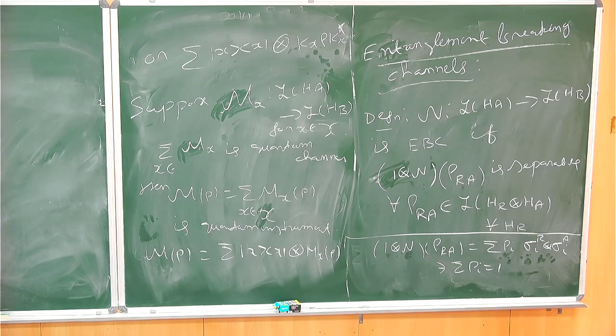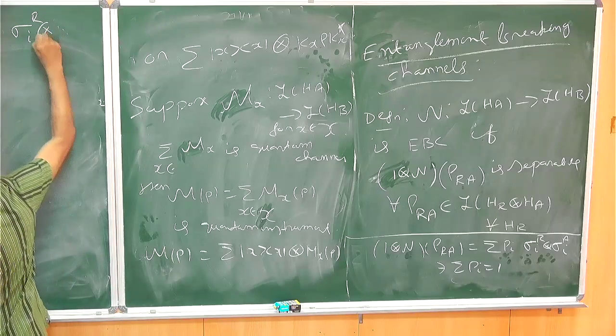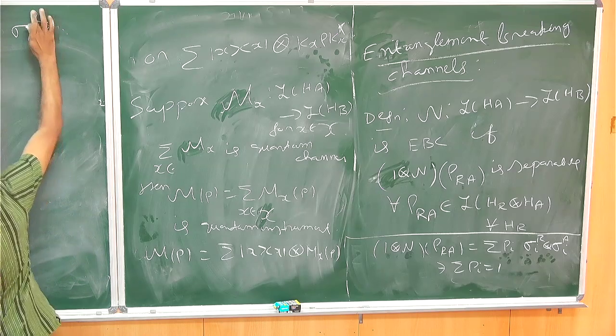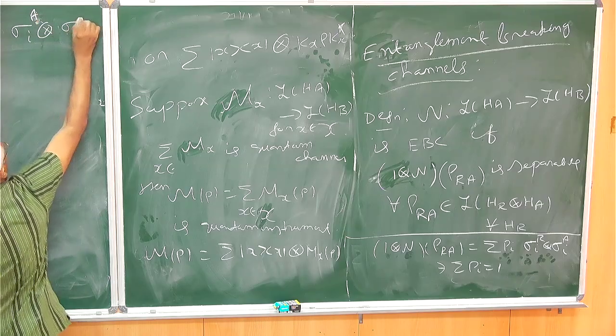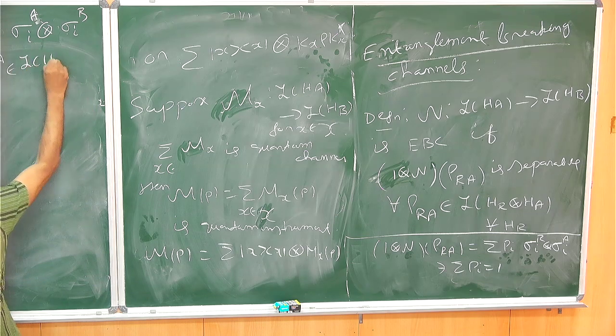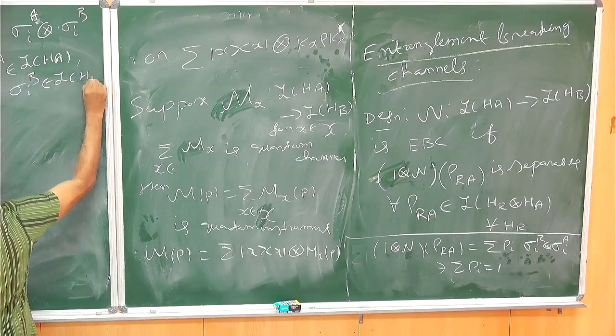Let phi_AB be equal to summation p_i sigma_i^A tensor sigma_i^B, since separable means it lands up in A and B. Sigma_i^A is a state on L of H_A, and sigma_i^B is on L of H_B.